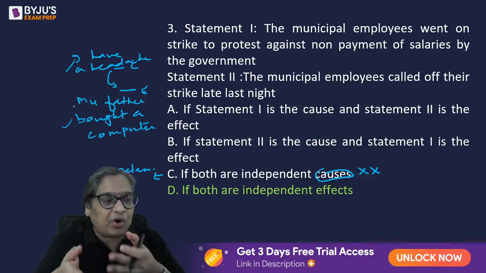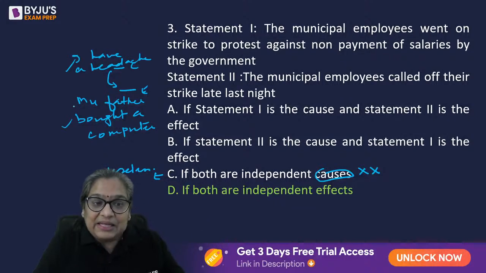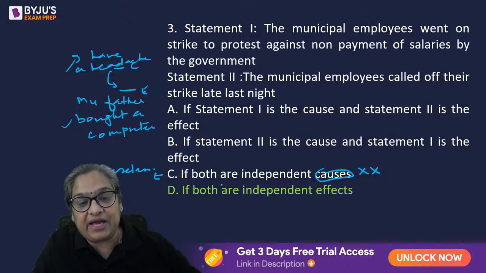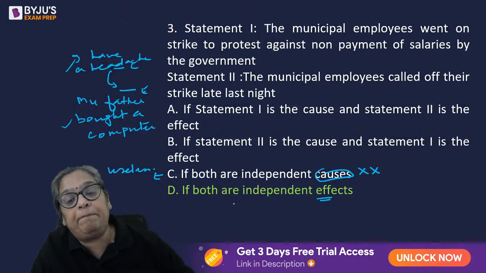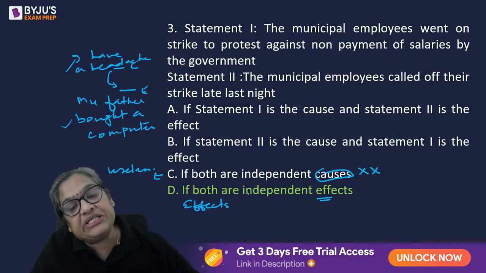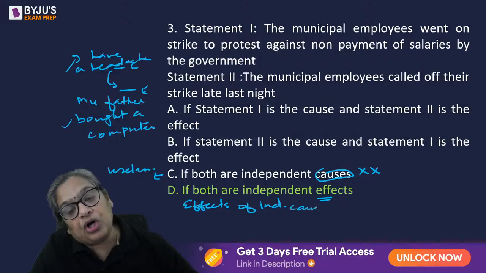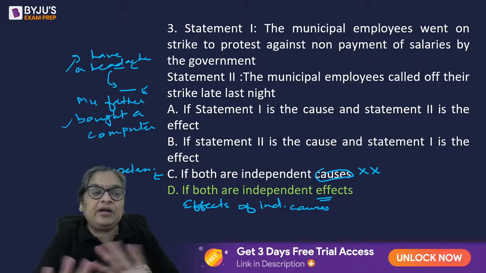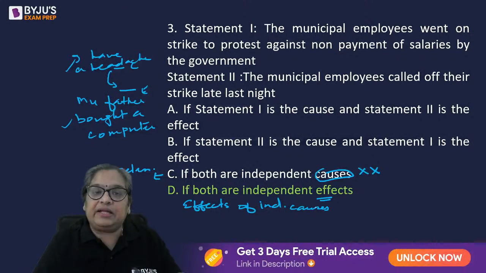His father couldn't have bought the computer because of the headache. Then if the two statements are not connected in any way, you have to call it independent effects, or sometimes the code will say effects of independent causes. Then that's the answer. Understood? So the option of independent causes is wrong.